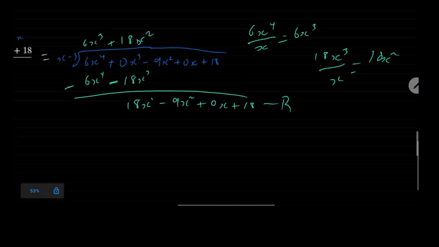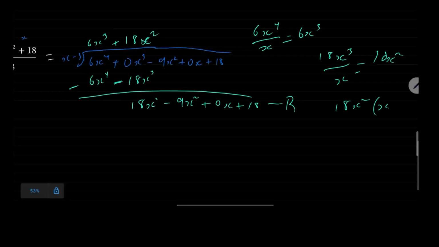So when we multiply, what are we getting? It's like writing 18x squared into bracket x minus 3.